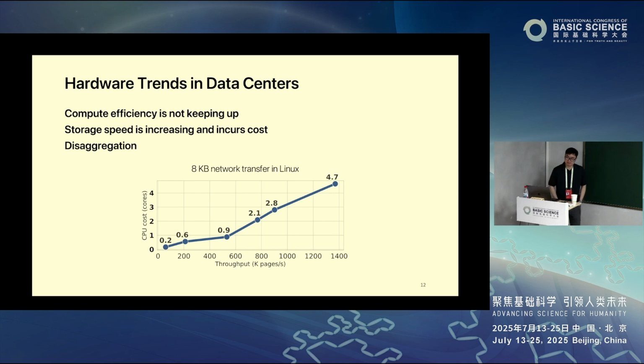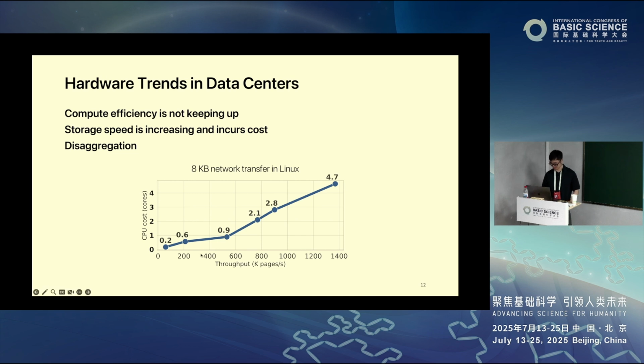Which means that every time you need to access storage, you have to do network communication. So we do another benchmark, which is to transfer this 8 KB page. Once we read the 8 KB page from storage devices, we have to send it to the compute side over the network. We send the 8 KB page across the network using the Linux TCP/IP socket.